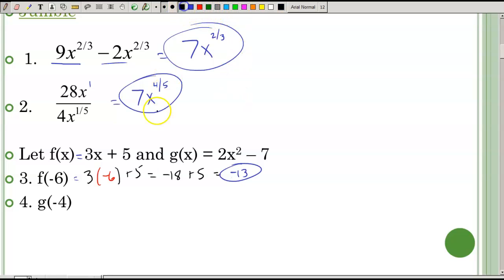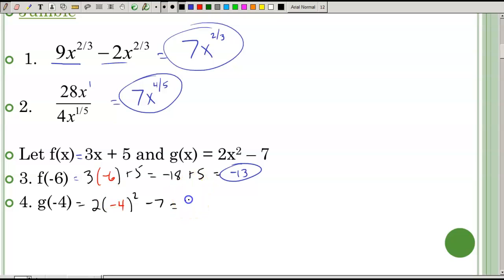Number 4 is g of -4. Again, with that idea of function, we have an input and we're trying to find that output. So g of x is 2x squared minus 7, but my input here is -4. So I'm plugging that -4 into the x and then evaluating this expression.